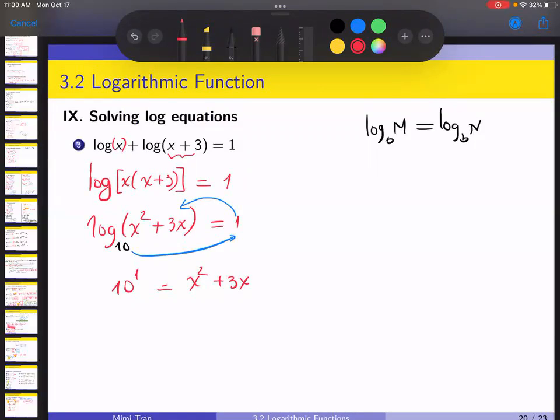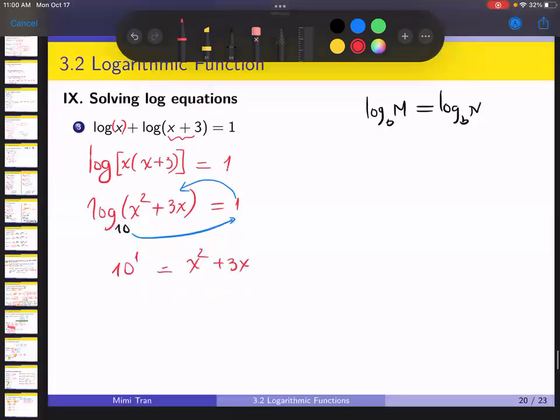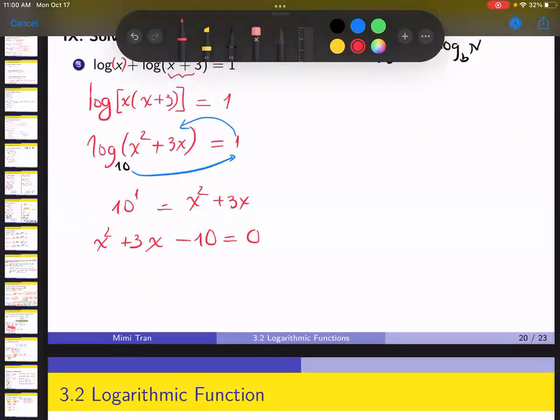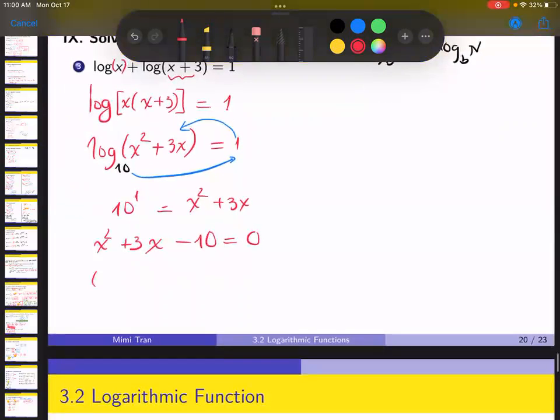How do I solve a quadratic equation? Move everything to one side. On the exam, it has to be factorable. I'll let you be able to factor it. Factor it for me.